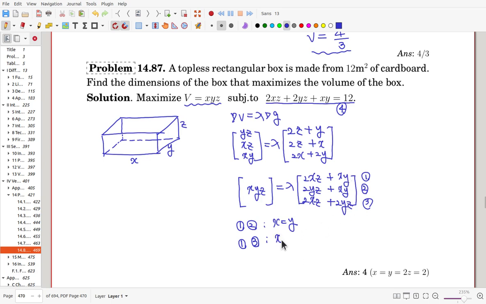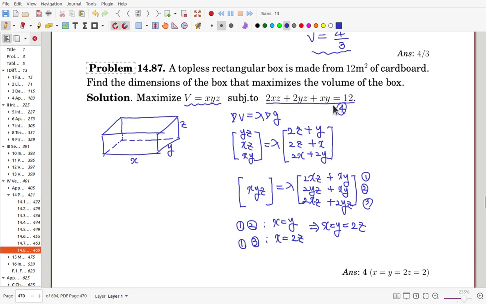That means x must be 2z. So from this we can say x equals y equals 2z. We'll use this finding to get xyz.